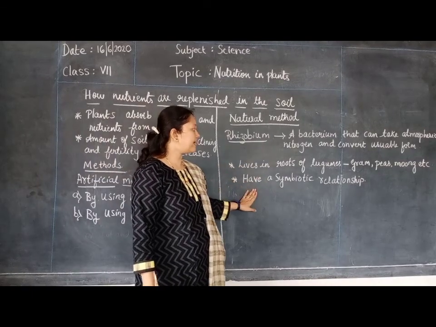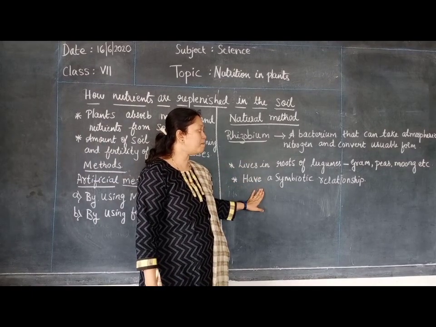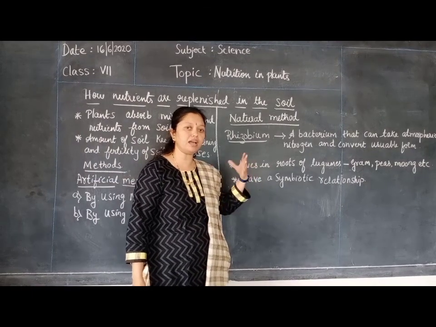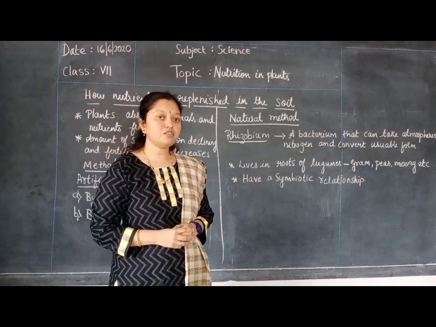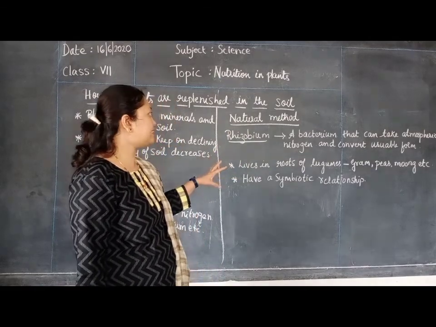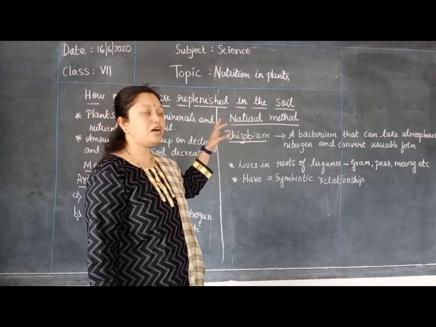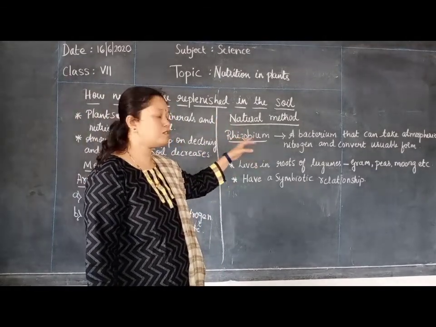That is why it is called a symbiotic relationship between the plants and the Rhizobium bacteria. So like this, by the natural method we can put nutrients into the soil.